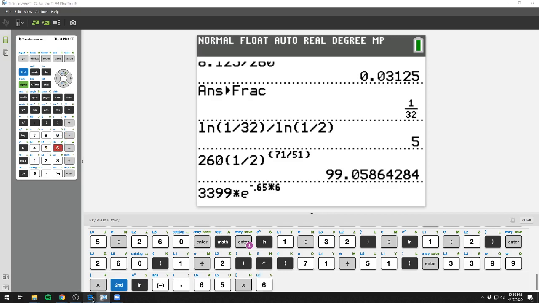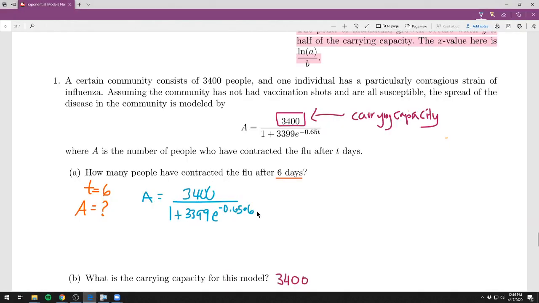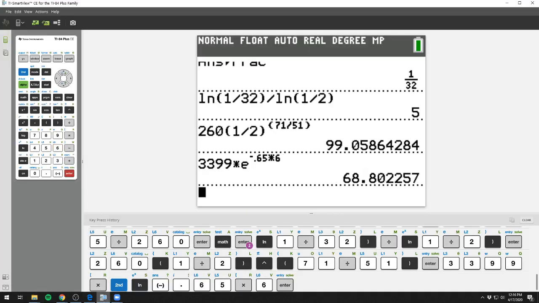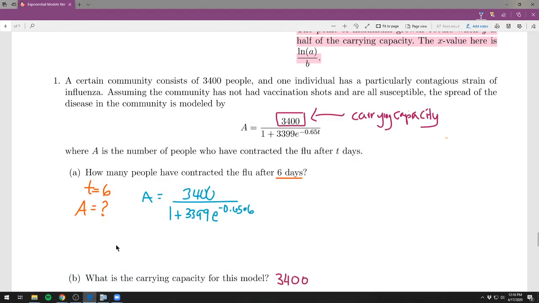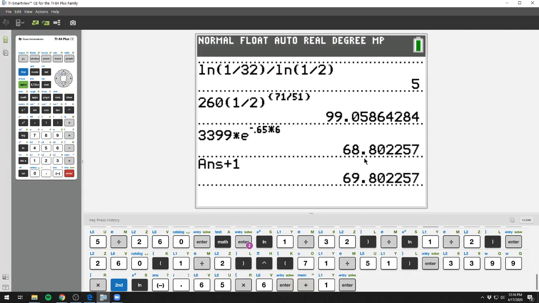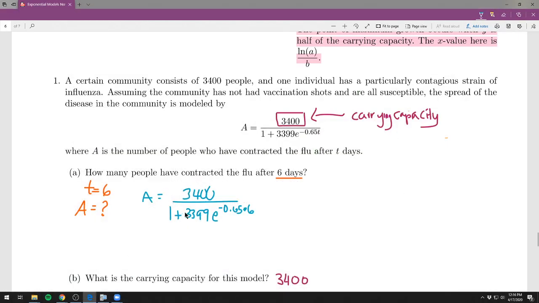Let's just double check we did that right. All right, we have the correct numbers. We press enter. Then in the denominator, we want to add 1 to that. All right, so that is our denominator, and we want to do 3400 divided by that number.